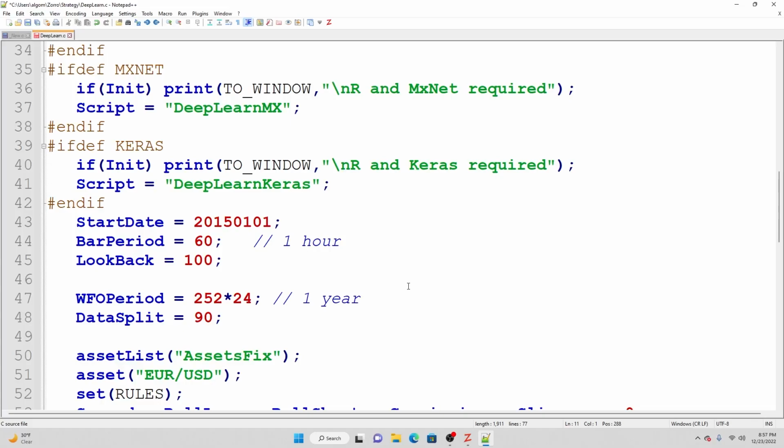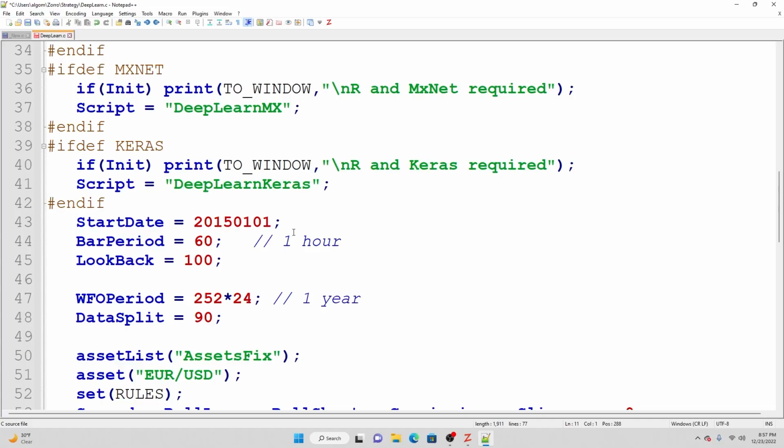Every year we take 90% of the data and we train the network, and then we test on the last 10%, and so on and so forth. So this is a walk forward optimization, which is not perfect. Again, it's not the end all to optimization, but it's better than a simple optimization over the whole period.